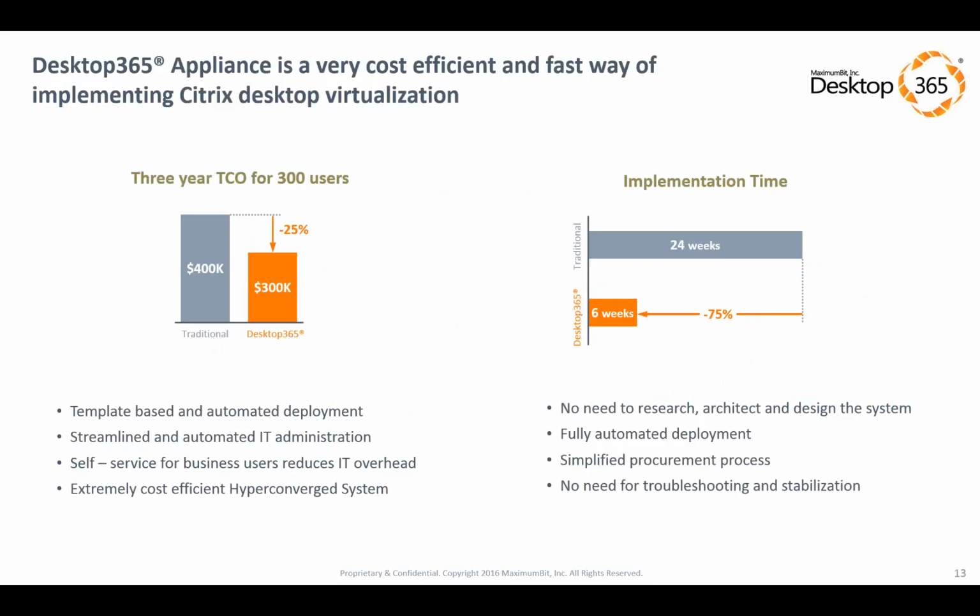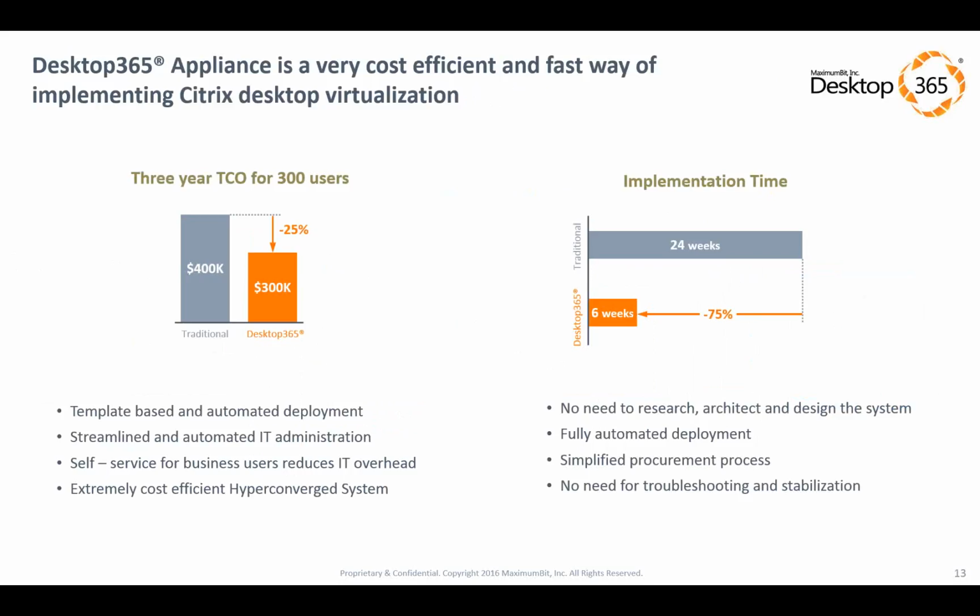We've done quite a bit of analysis in terms of total cost of ownership, and we see that with this approach we have about 25% or more savings in cost over the years.